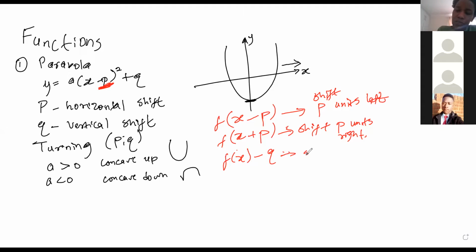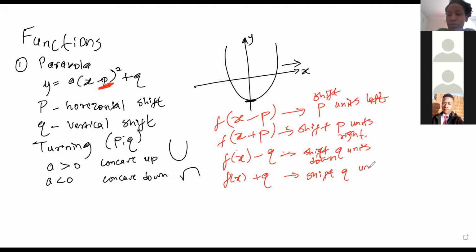So here your graph will shift q units up. Then if you've got plus q, that graph will shift q units down. Oh, jeez. Why am I confusing this? Sorry, guys. And guys, if I'm making a mistake, please correct me. Ne? I do make mistakes. So if I'm making a mistake, don't let me carry on. So if you've got minus, it will shift those q units, if it's 5 or 10, down. And then if it's a plus, it's going to shift up.